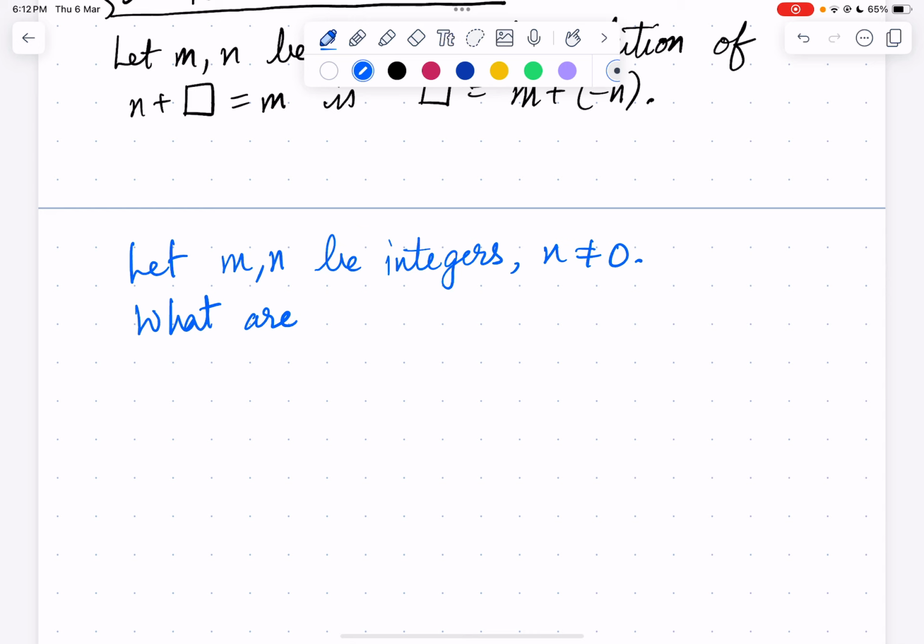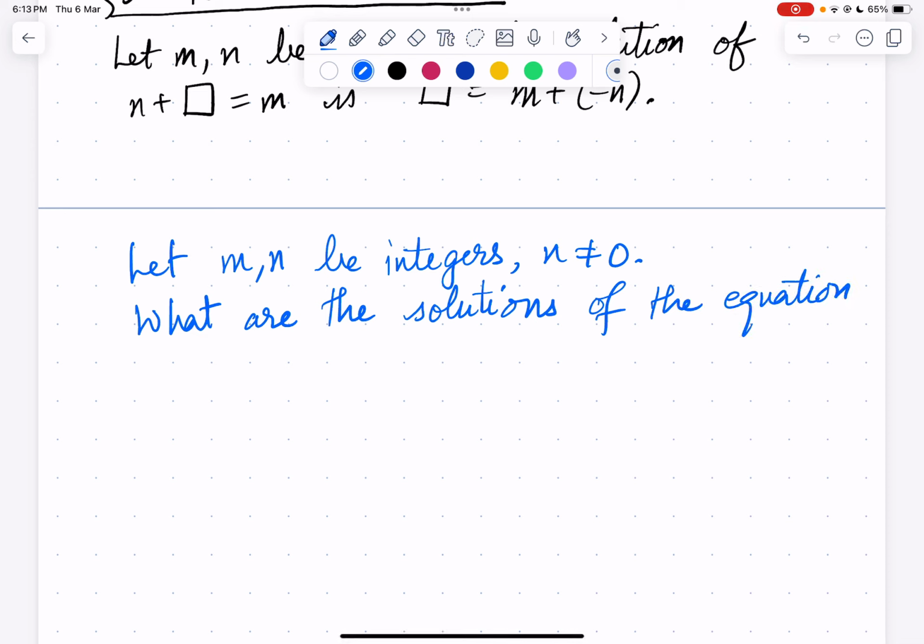What are the solutions of the equation n times box equals m?